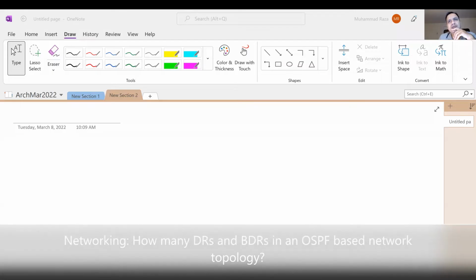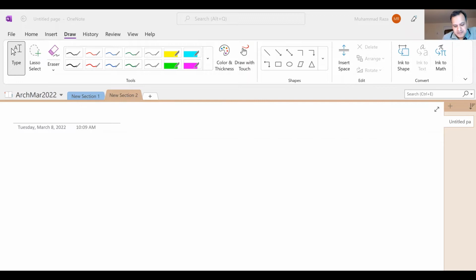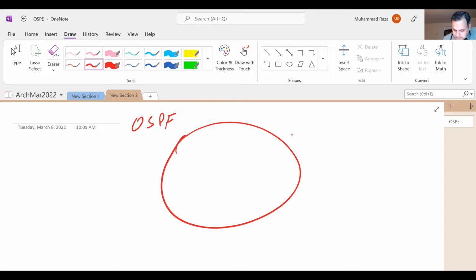Okay, so the first question which is asked is, in an OSPF network you have a domain, that is your autonomous system. Within this autonomous system you have different areas.